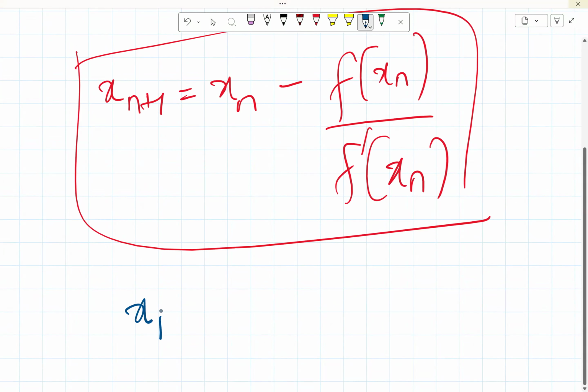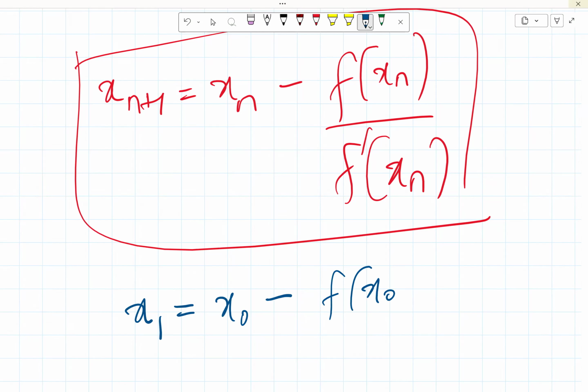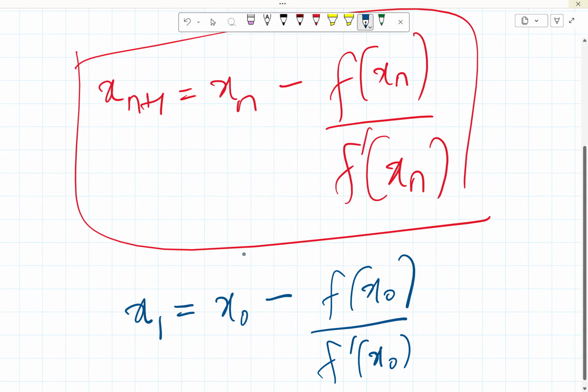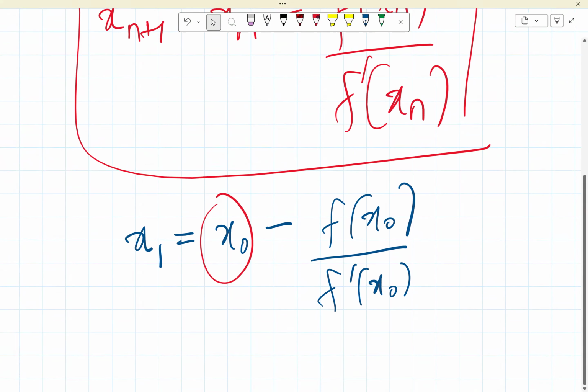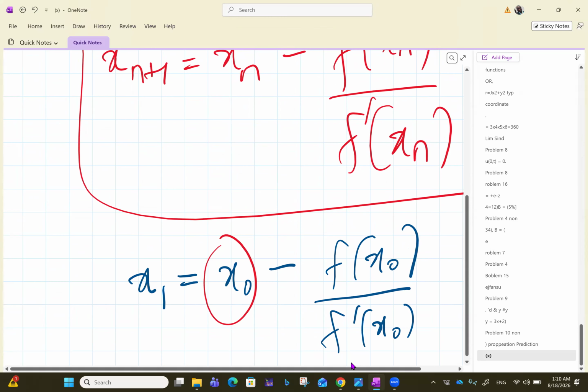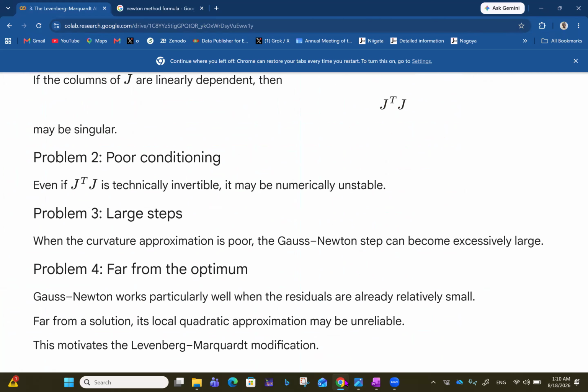For the first value x1, you have x naught minus f of x naught over f prime of x naught. So you need to be able to guess this x naught. x naught can actually be anything because it is just a guess. But if it is close enough to the actual solution, you can get faster convergence of your steps, right?